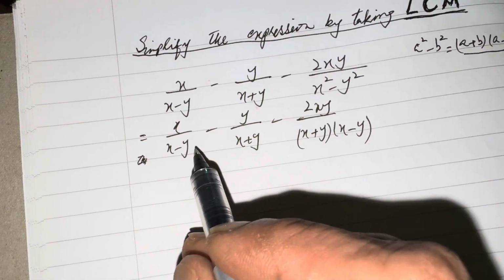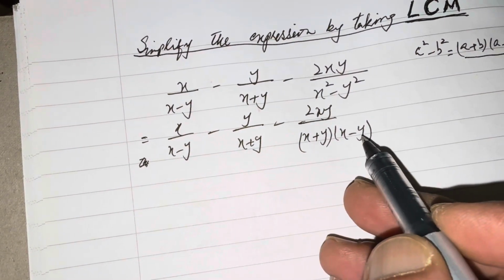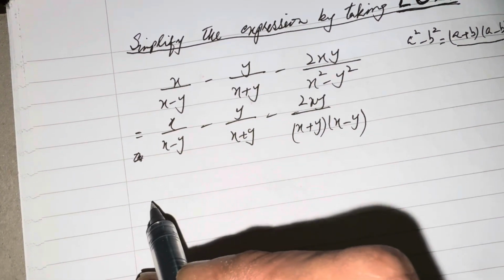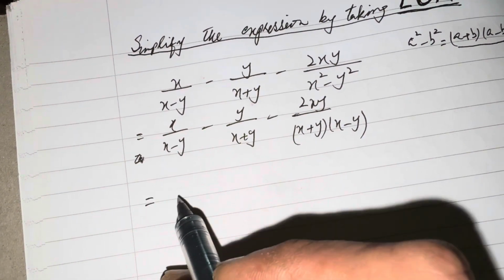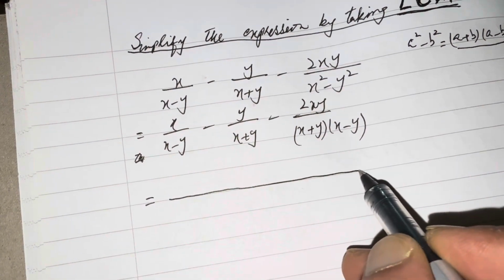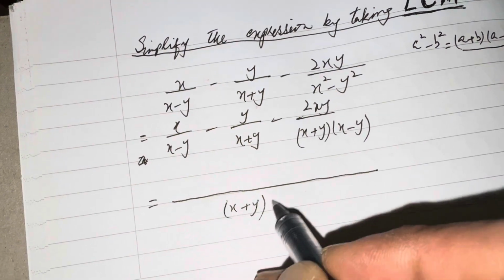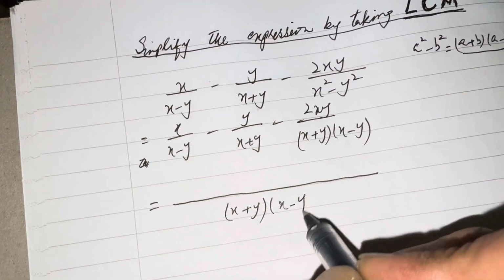So if you see, x minus y, x plus y, and x minus y. So in the given situation we will take the LCM, and LCM will be x plus y into x minus y.